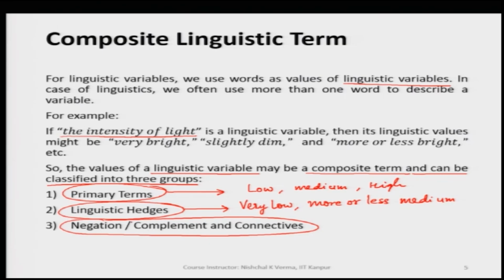So, the linguistic hedges basically are the adjectives along with the primary terms, and then comes the negation class. Here we have the linguistic fuzzy regions, where the primary terms are taken as either the complement or negation, or with some other connectives like and, or. For example, here we can use a term not low, or maybe not medium.